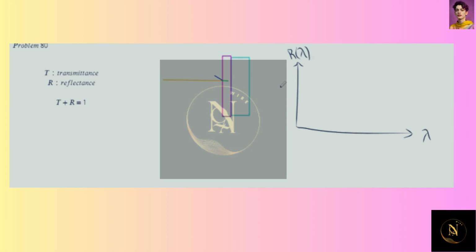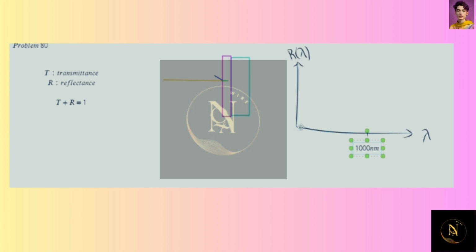The question is, what is the reflectance for a certain wavelength? The wavelength value that they want us to analyze is 1000 nanometers. So here you would need to refer to the graph.